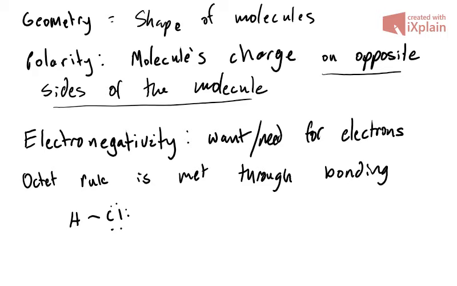The only exceptions to this would be if they are two of the same elements, so an A bound to an A, or if you have carbon bound to hydrogen. These are our two exceptions, making them non-polar. Otherwise, they are sharing equally.